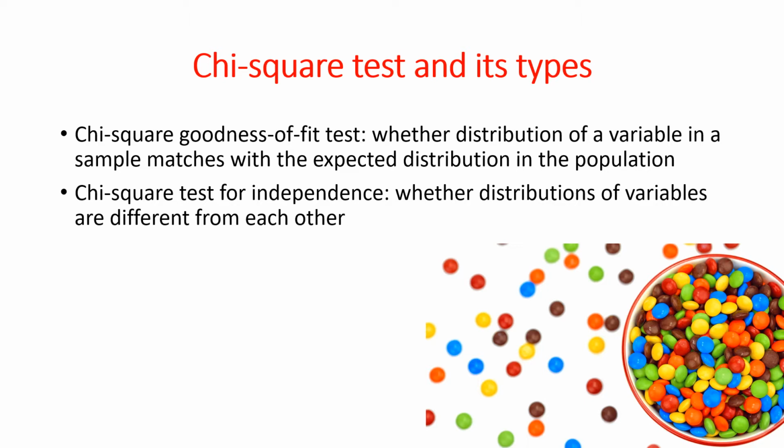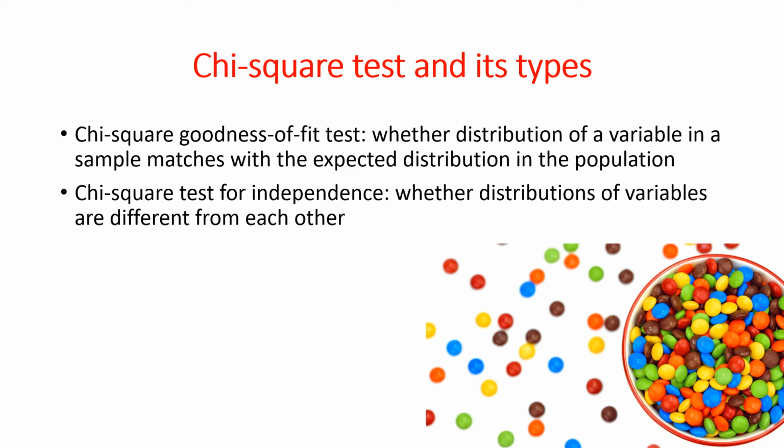So what is a chi-square test and what are its different types? A chi-square test is a non-parametric test which enables you to compare a distribution in a sample to an expected distribution in the population.